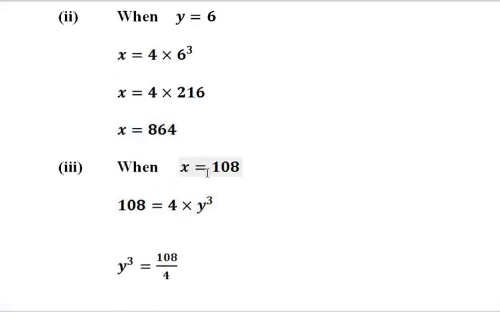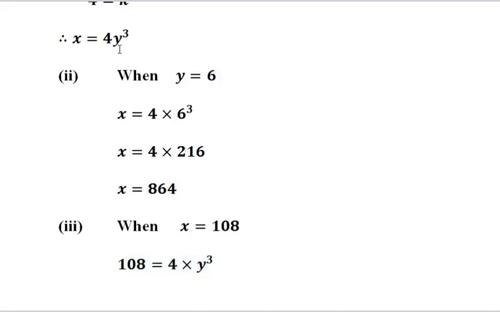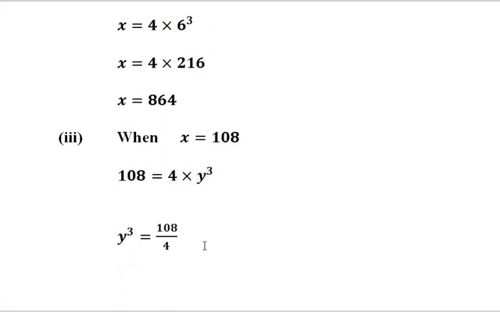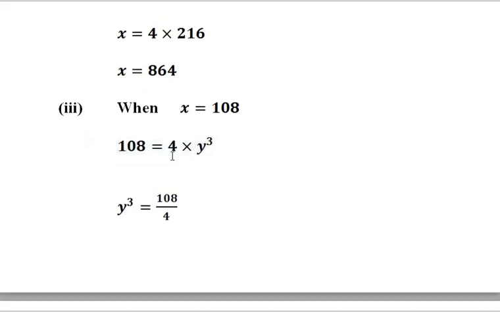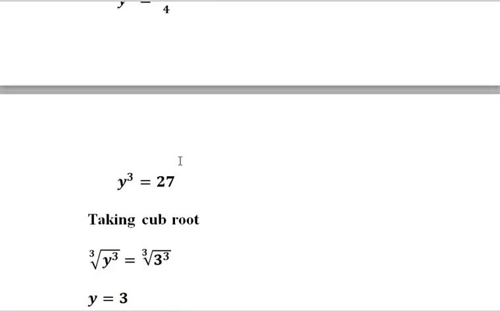Since we are finding the value of y, so I will take this 4 from the right to the left side, so this equation becomes y cube equals 8 upon 4.